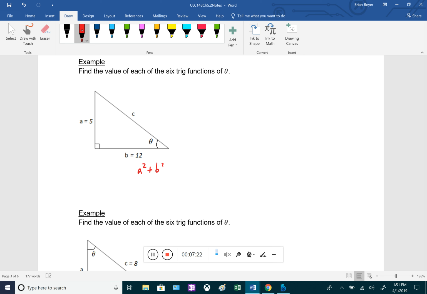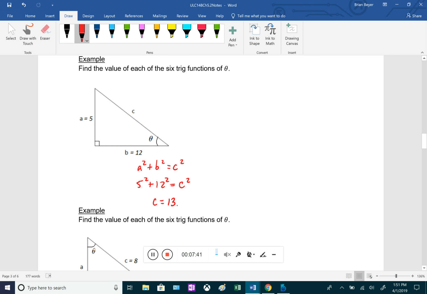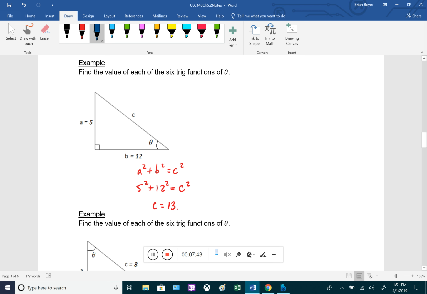A squared plus B squared equals C squared. So that's 5 squared plus 12 squared equals C squared. If we solve that for C, we get 169 equals C squared, square root both sides, C equals 13. So that's going to be our side over here.